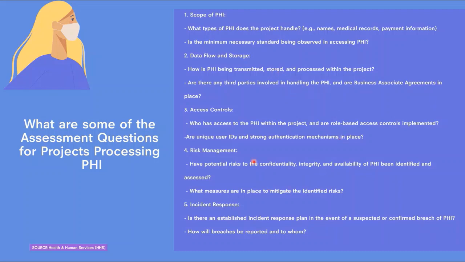So the actual list of questions is very long. There might be 2 or 3 security assessments, risk assessments, that the projects might have to fill out. We will discuss them in detail on the next slides with an example.